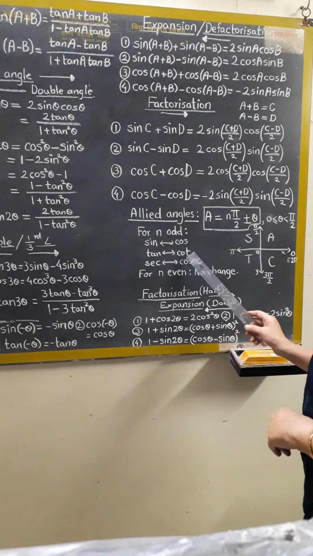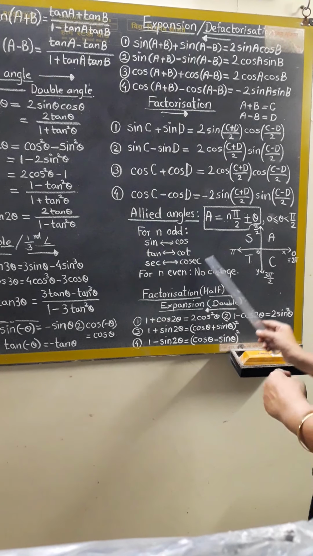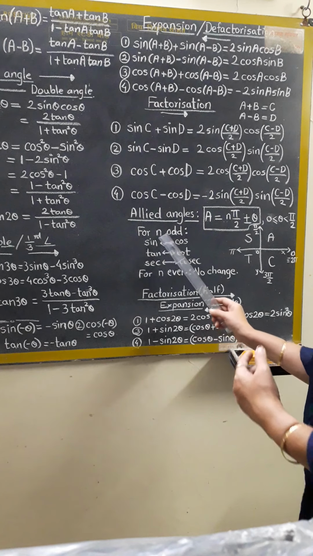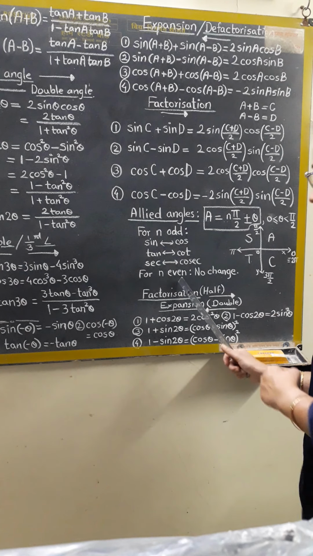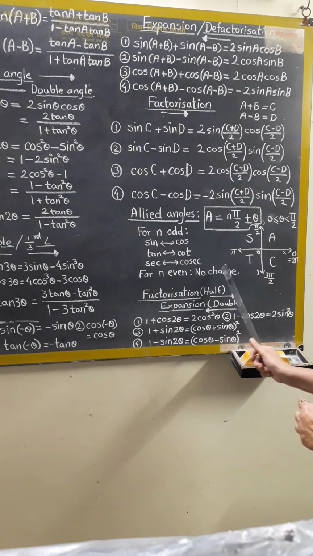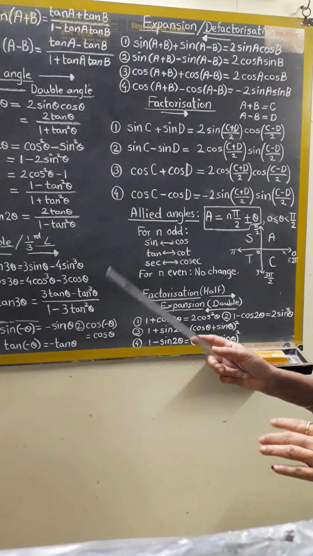Tan changes to cot, cot changes to tan, sec changes to cosec, cosec changes to sec, only when n is odd. If n happens to be even, there will be no change in the trigonometric function.